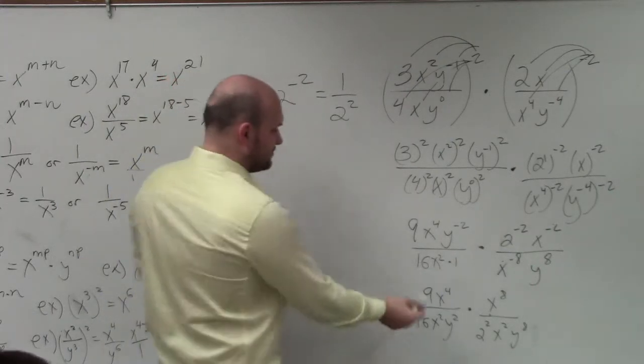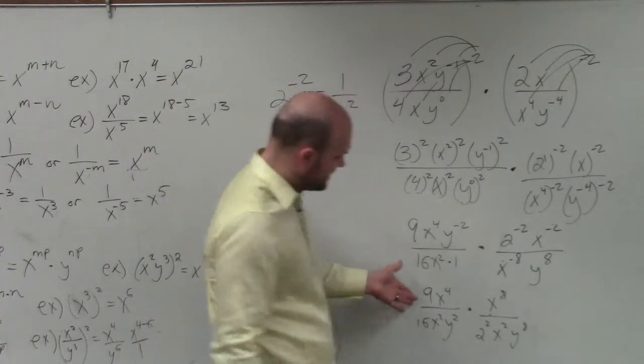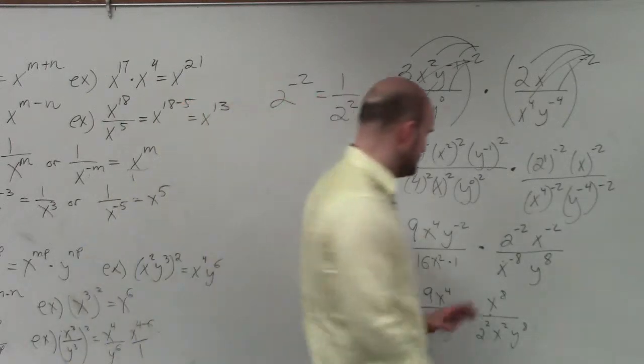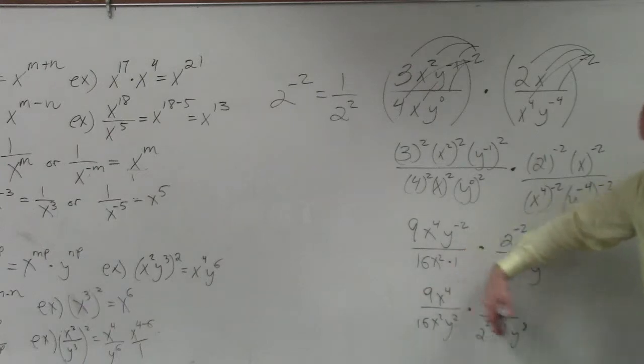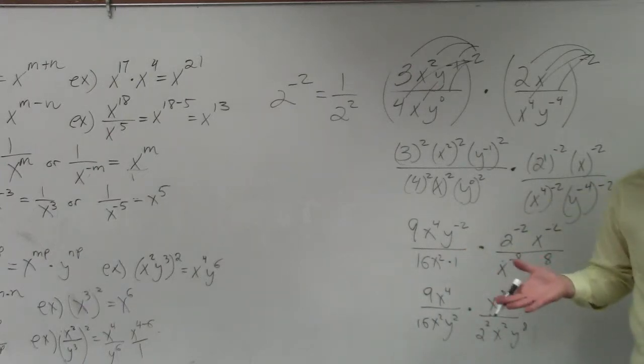OK, so now what I like to do is use the product rule. All right? And ladies and gentlemen, when using the product rule, basically the best thing we can do is multiply. I like to add rather than subtract. So I like to use the product rule before using the quotient rule.